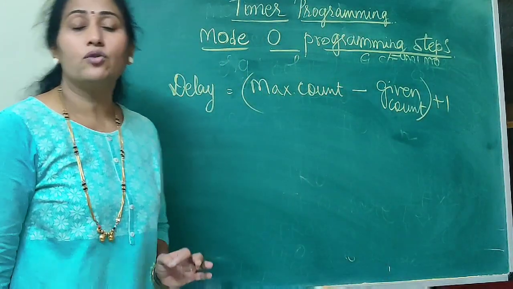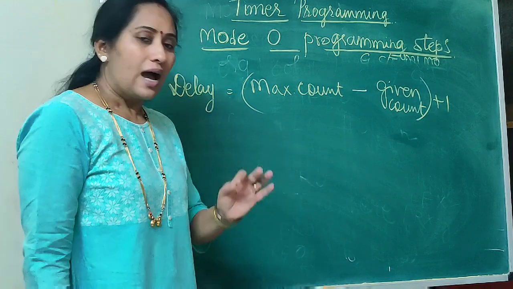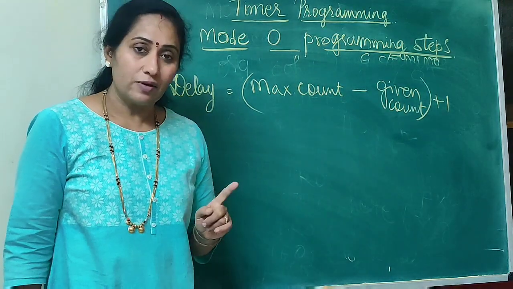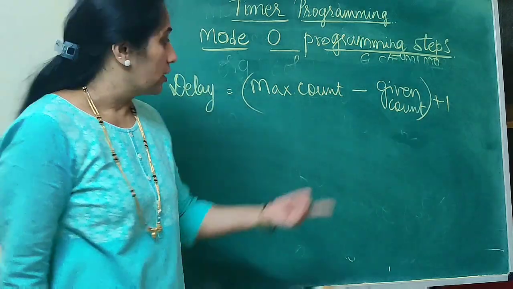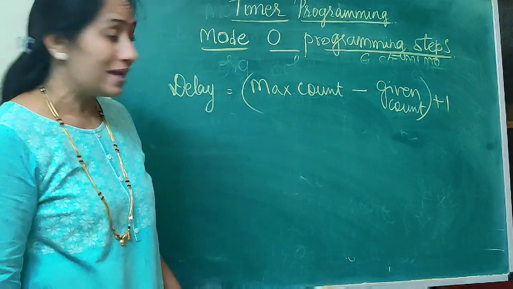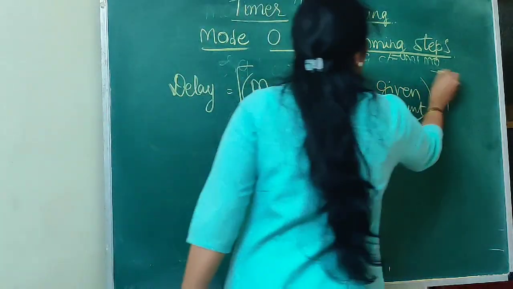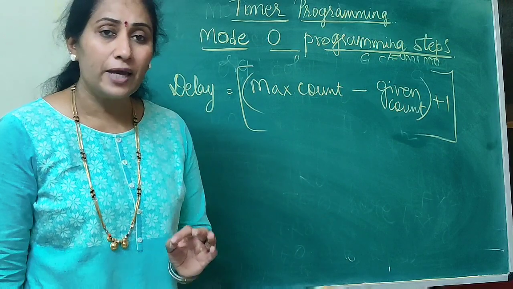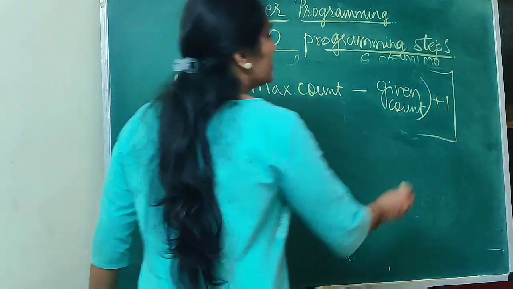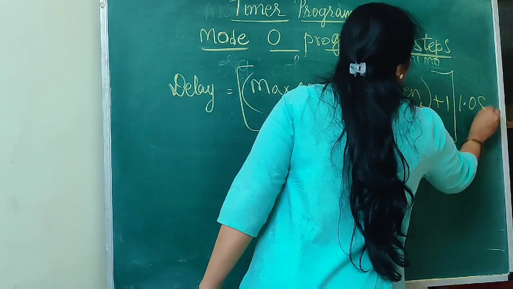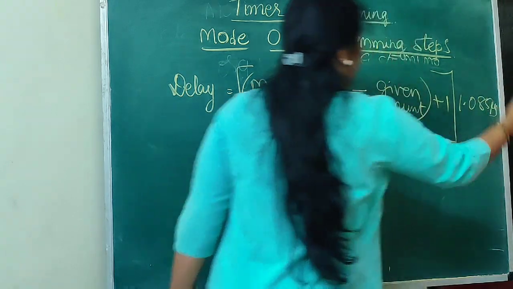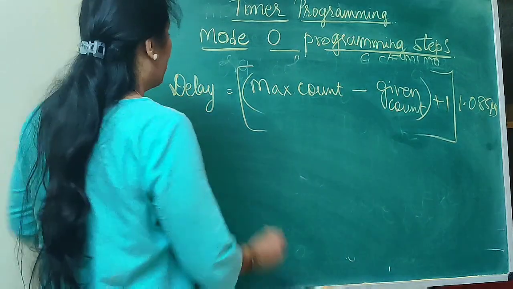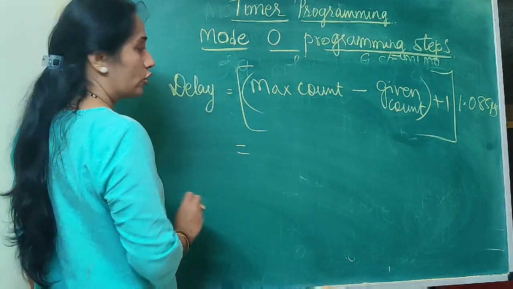Why are we going to add 1? Because after the maximum count is reached, one more extra pulse will be taken in order to roll over. For that reason I am going to write plus 1, and then you have to multiply it with the machine cycle period. So what is the clock period? It is equal to 1.085 microseconds.